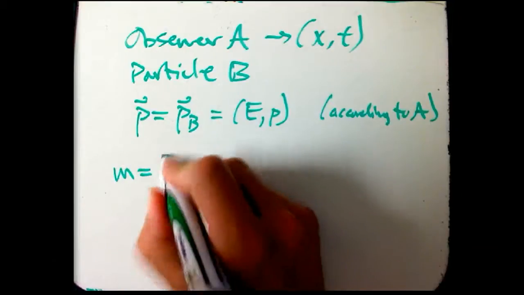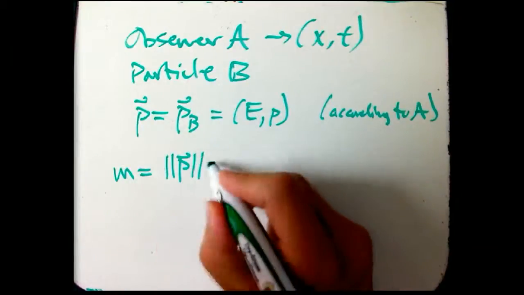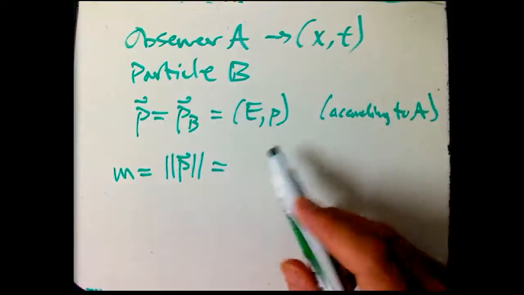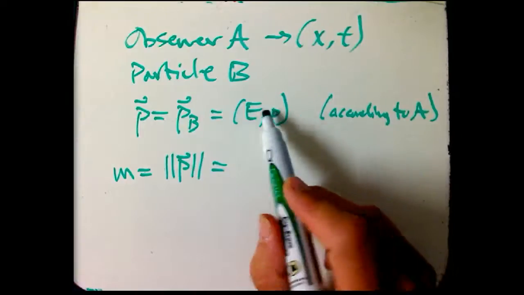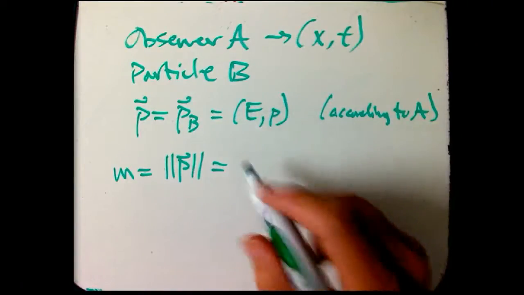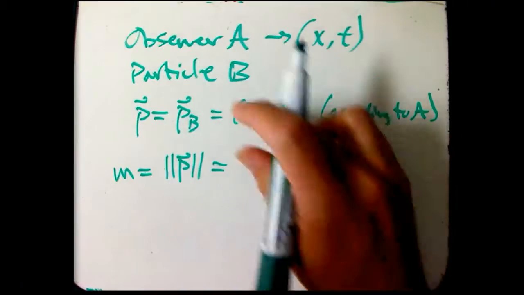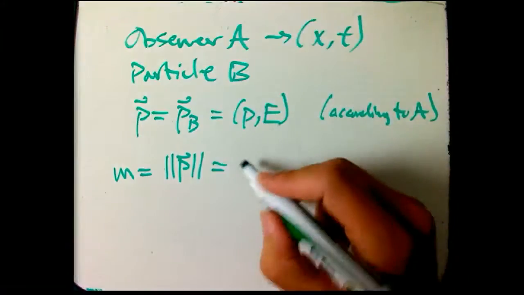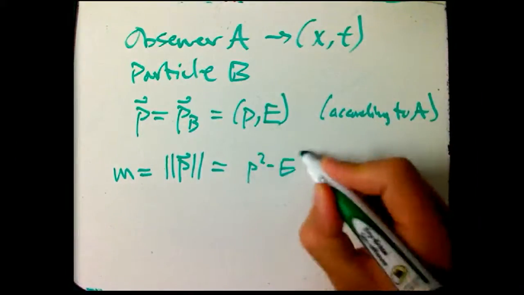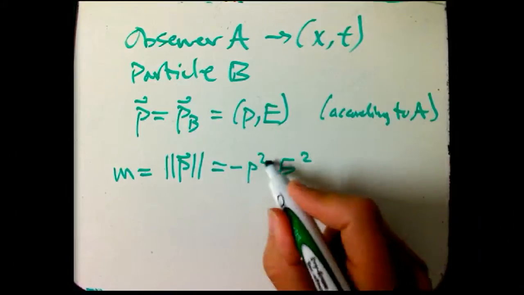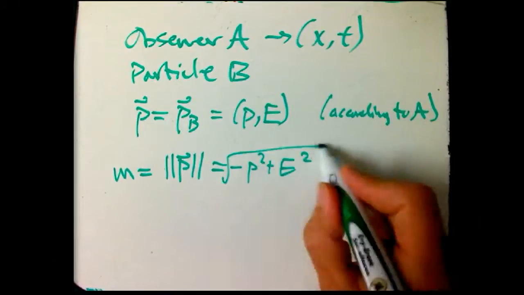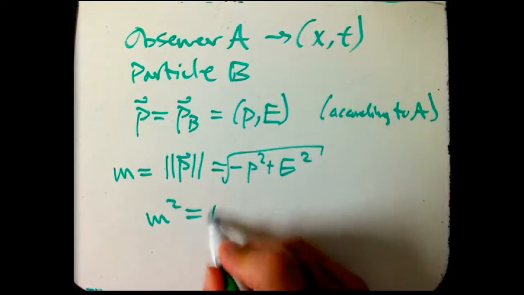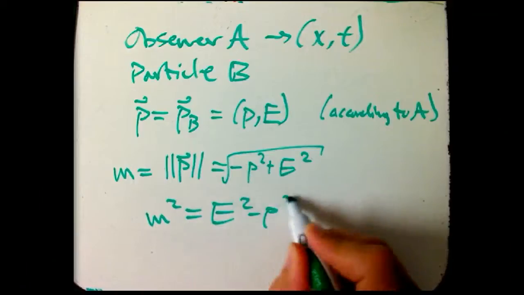Okay? Then let's actually write down what I just said in coordinates. The mass is the magnitude of the energy momentum vector, and that is, we would take the dot product of this with itself, which is, this is P comma E, sorry. My bad. Which is P squared minus E squared, but that would be negative, so I'm going to take that, and then I'm going to take the square root. Or in other words, m squared is E squared minus P squared.